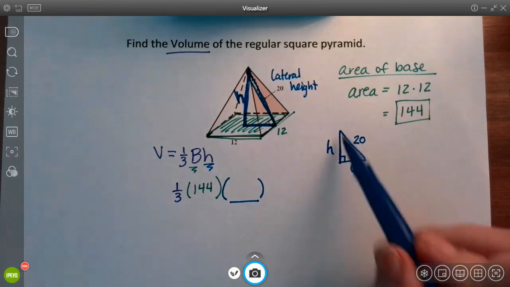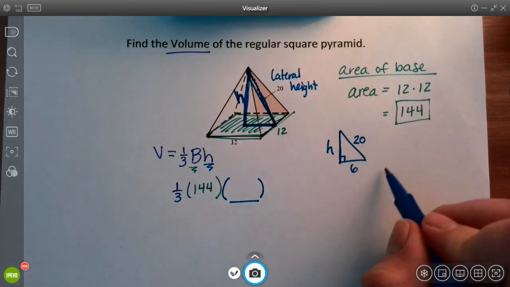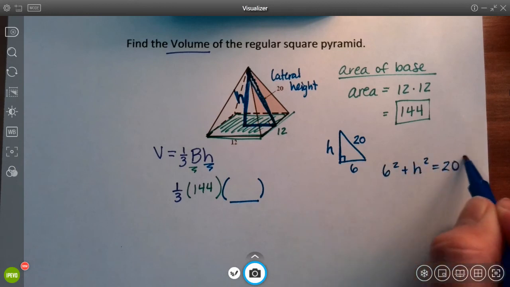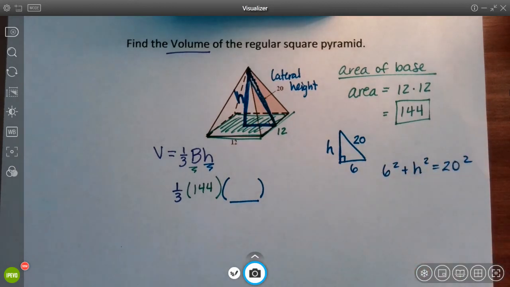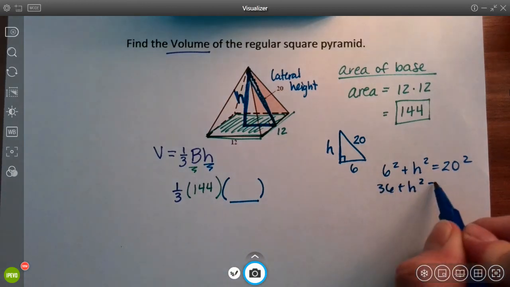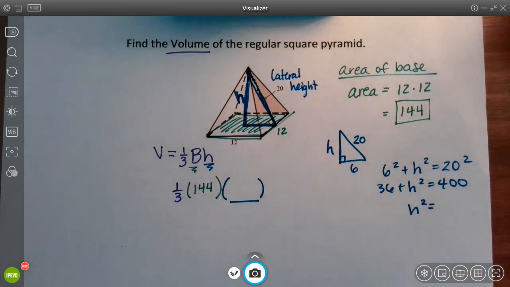Now that I've got this right triangle, I can find height using Pythagorean theorem. 6 squared plus h squared equals 20 squared. So I'm just going to do some Pythagorean theorem here. This is 36 and 400. So subtract 36 from both sides.